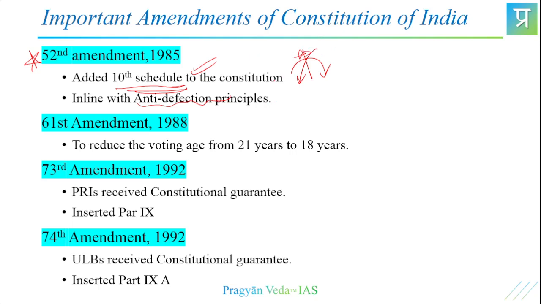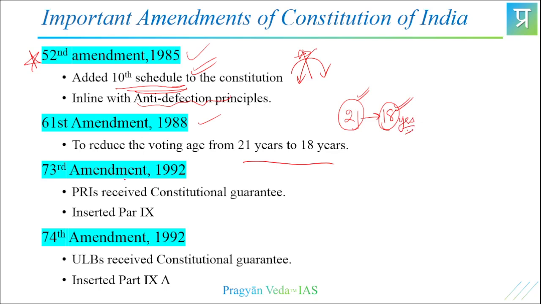To curb that, the 52nd Constitutional Amendment was brought in 1985. Then the 61st Constitutional Amendment, which reduced the age of voting from 21 to 18, right. Earlier it was 21, and now it was brought to 18 years under the principle of universal suffrage.